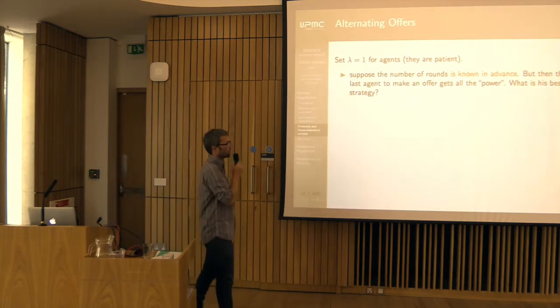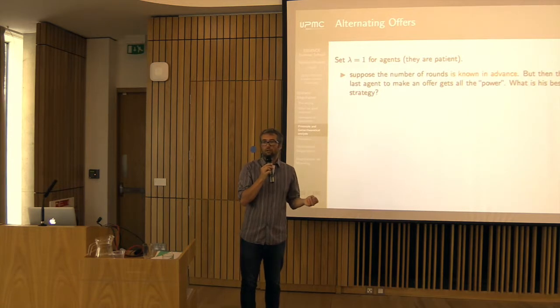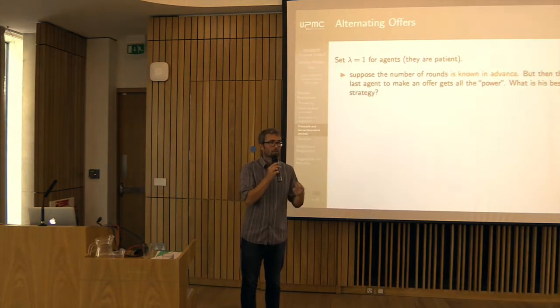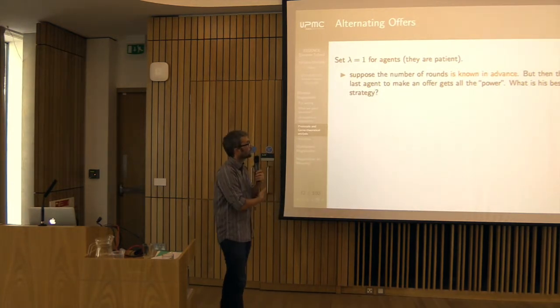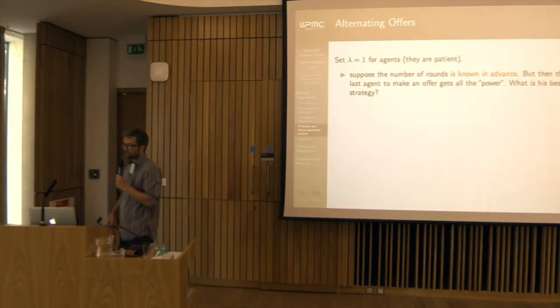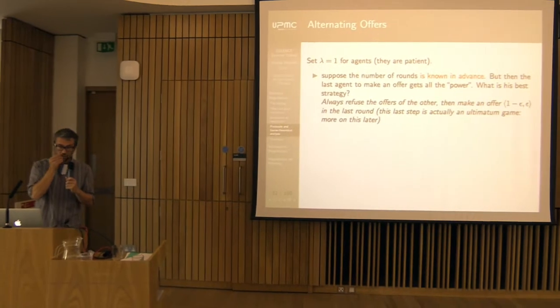What's the situation? The situation is that actually the last agent has all the power, because you can refuse all the time, and you know that you are the last agent to make the last offer. If you know in advance the number of rounds, what's the best strategy for this agent? It's very simple.